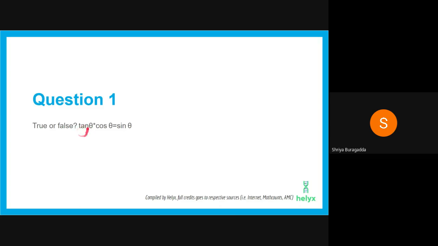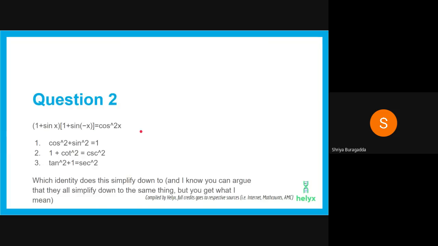So if we replace this tangent theta right here with sine theta over cosine theta, and then multiply by cosine theta, the cosine thetas cancel because one is in the denominator and one is here. And that just leaves you with sine theta equals sine theta. So we know that it has to be true.